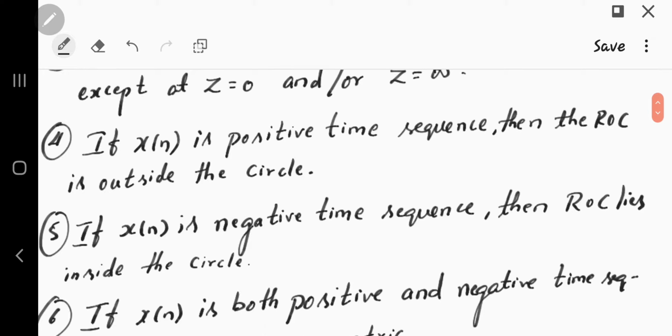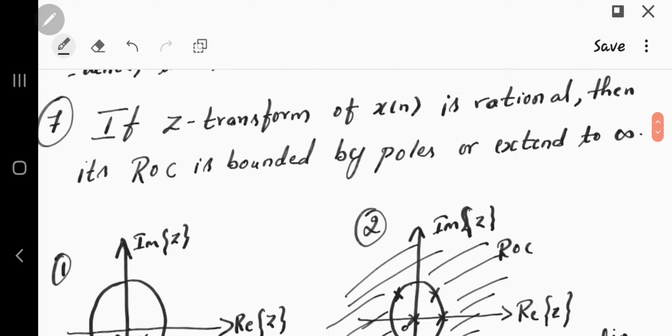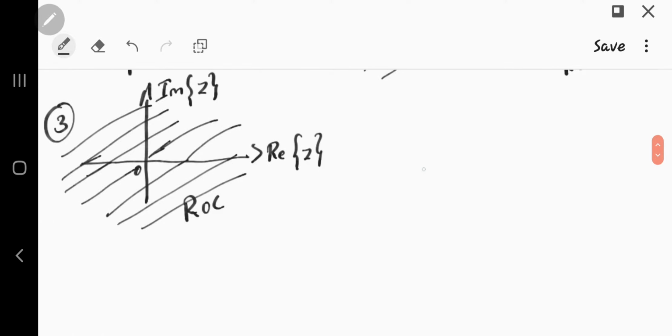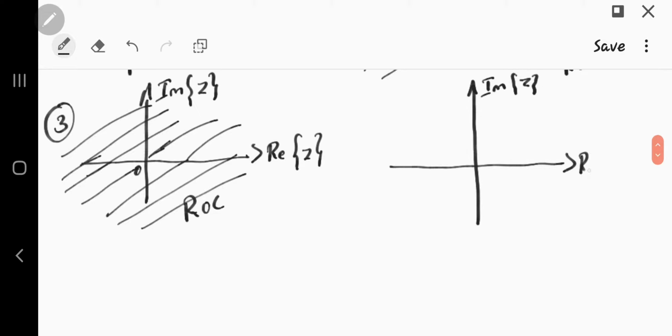Fourth one says if x of n is a positive time sequence, then the ROC is outside the circle. We also took examples of this in the previous video, for positive time sequence, negative time sequence, and both.